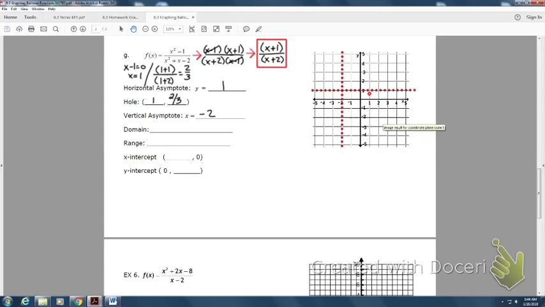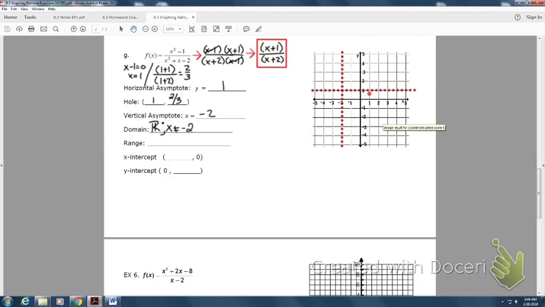I don't have it graphed yet, but I can go ahead and write the domain and range. What two values would the domain not equal? -2 and 1.